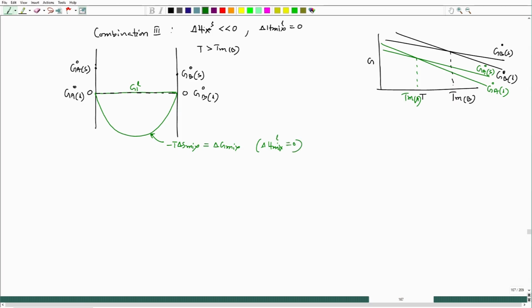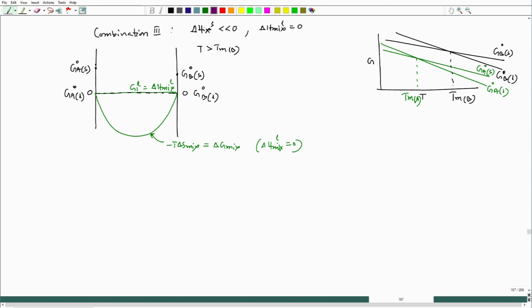Okay. Now, this is also the same as for liquid. Now, if I try to draw delta G mix for liquid, delta G mix liquid. So, now let me draw for solid. Okay.